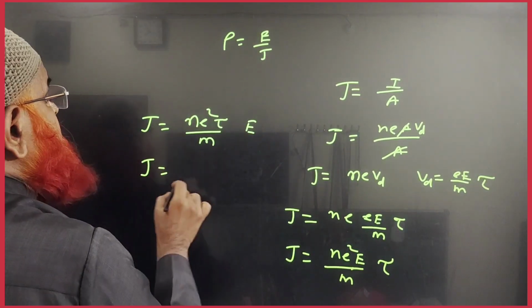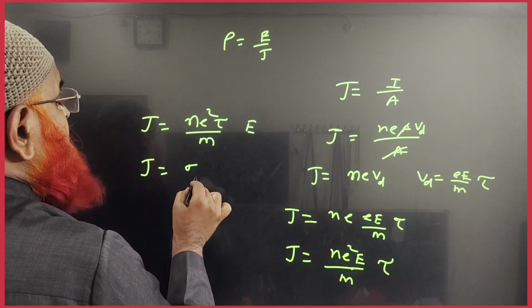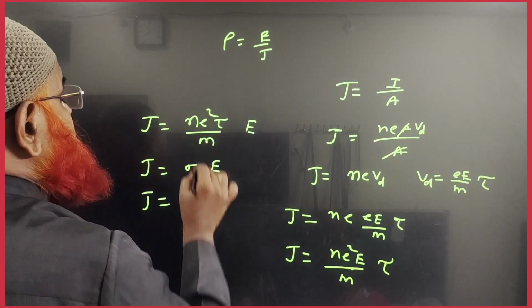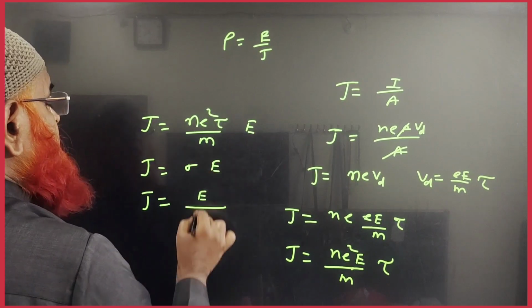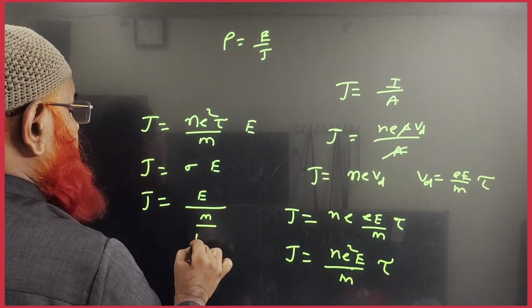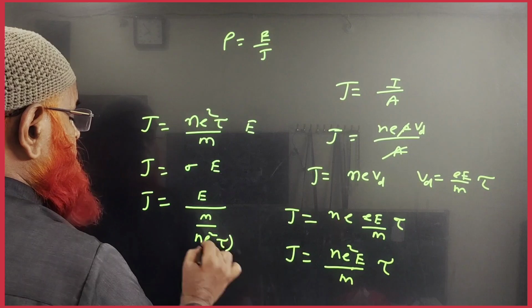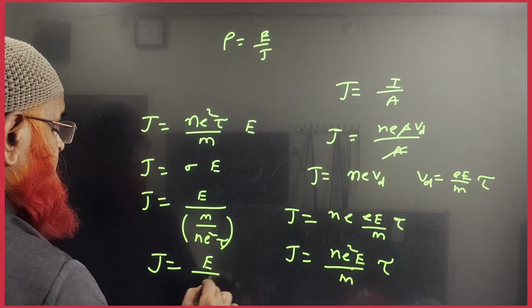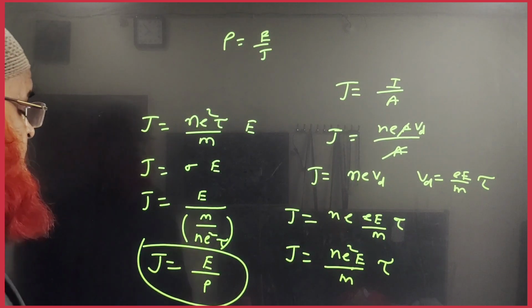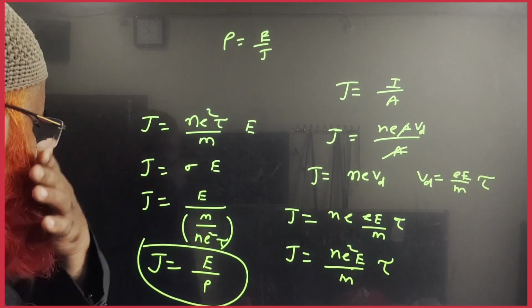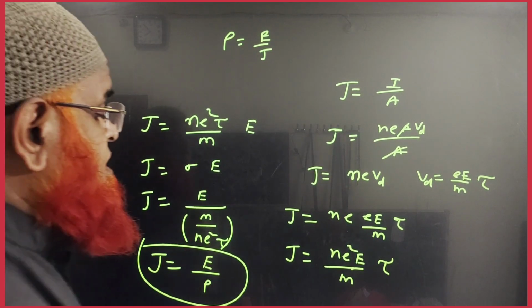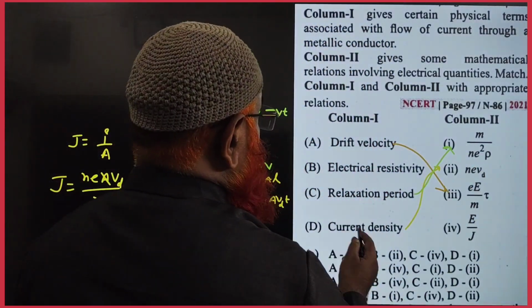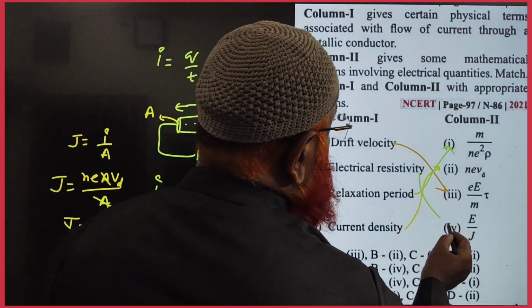What is this going to be? This is said to be sigma, which is called conductivity. Completely we can write it as n e square tau by m, which can be taken as 1 by rho, the resistivity.